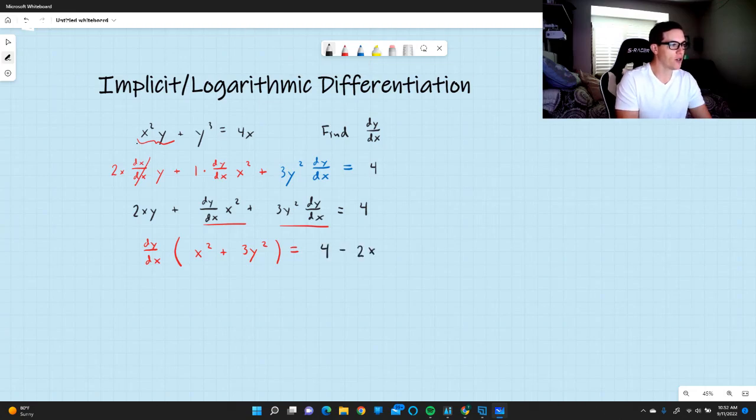So you always subtract over the other terms first. You subtract over the terms you don't want, and then you factor out the dy dx, and then you divide. 4 minus 2xy all over x squared plus 3y squared. Done. And that's the derivative.